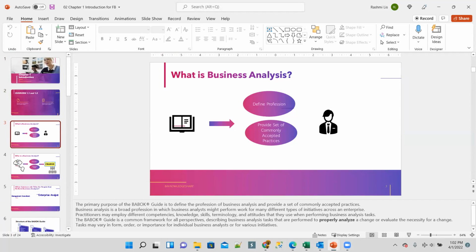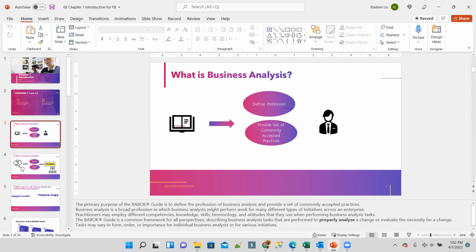Business analysis enables an enterprise to articulate needs and the rationale for change and to design and describe solutions that can deliver value. So business analysis is performed on a variety of initiatives within an enterprise. Initiatives may be strategic, tactical, or operational. When we say strategic, it's more at the level of the organization or the enterprise level.